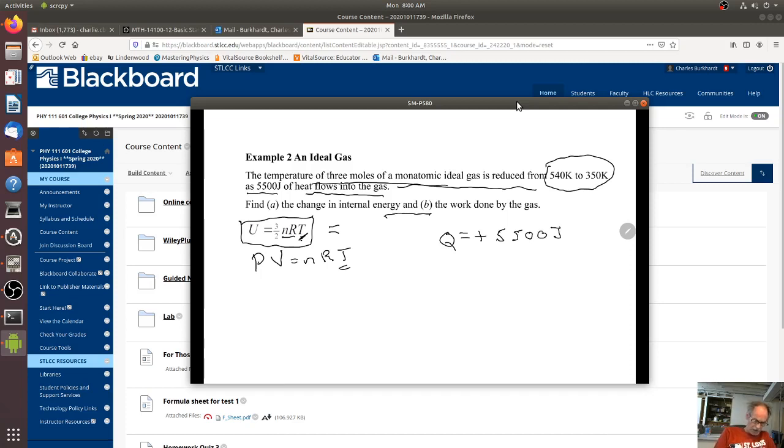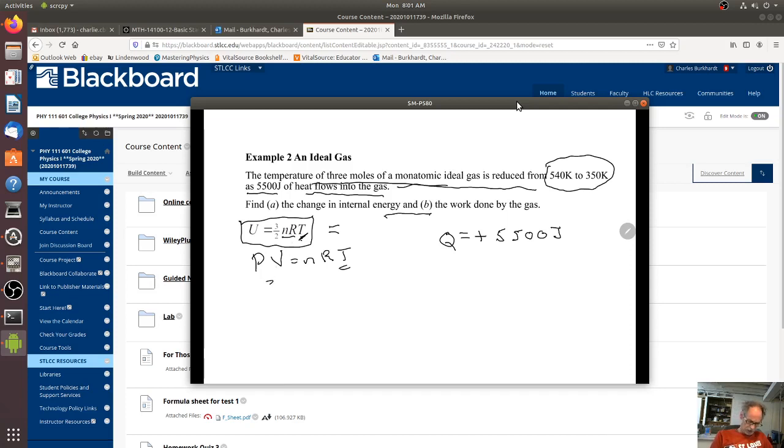Delta U, I got a formula for U if this system is an ideal gas. In the last example, it didn't matter what the system was. In part A, it's going to heat up, and in part B, it's going to cool down, no matter what the system is. In this case, we have a formula for internal energy, thanks to Ludwig Boltzmann.